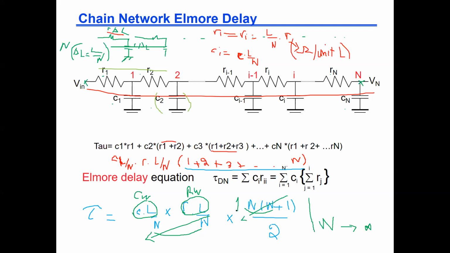So the half remains, meaning the time constant will come out equal to R wire, which is little r times L, times C wire, which is little c per unit length times L, divided by 2. So my time constant now is really this expression.